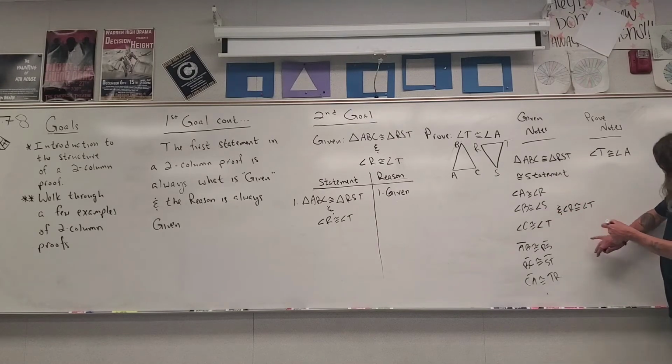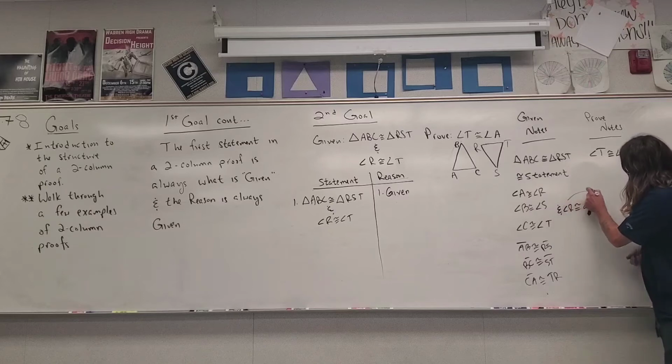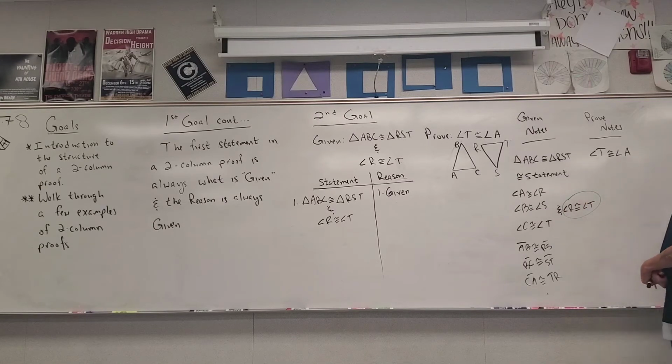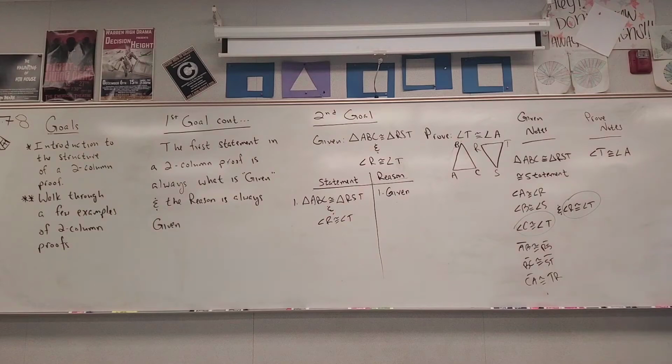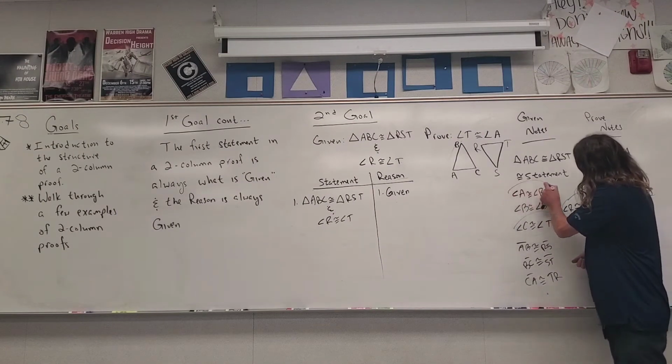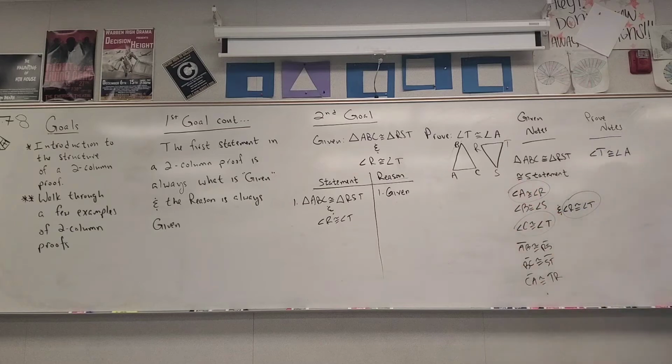Right? Oh, I got something about a T and an angle R. Okay, that's useful. And I got something about an angle T and an angle C. Okay. And I got something about an angle A and an angle R.